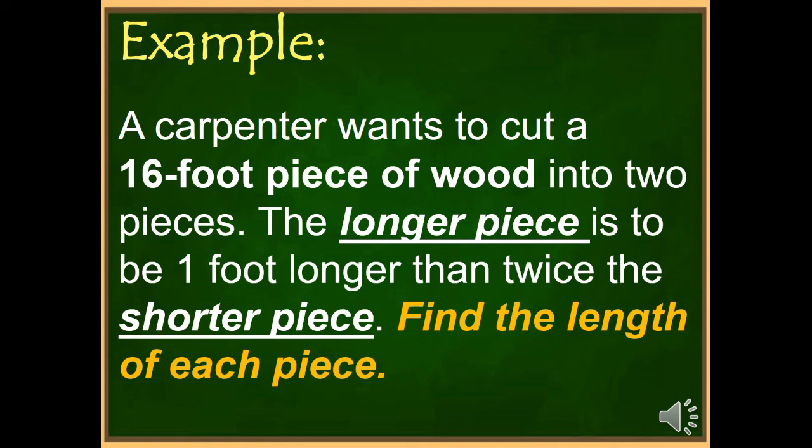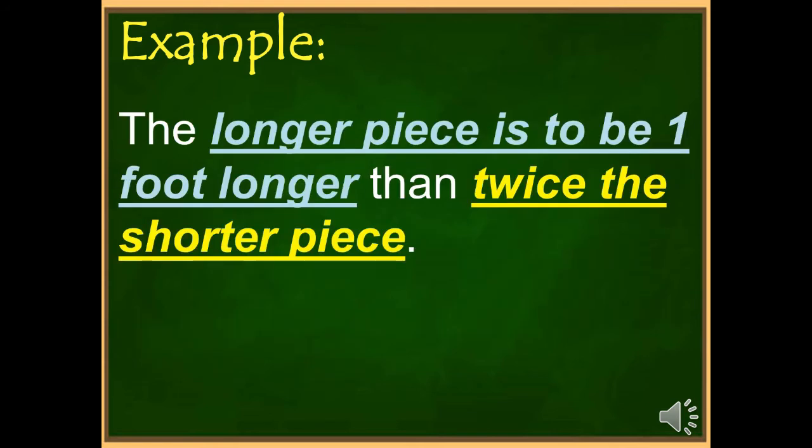Remember that a system of linear equations can only be formed if there are two linear equations considered together. Therefore, we are expected to have two linear equations. Now, we already have our first linear equation, which is X plus Y equals 16.